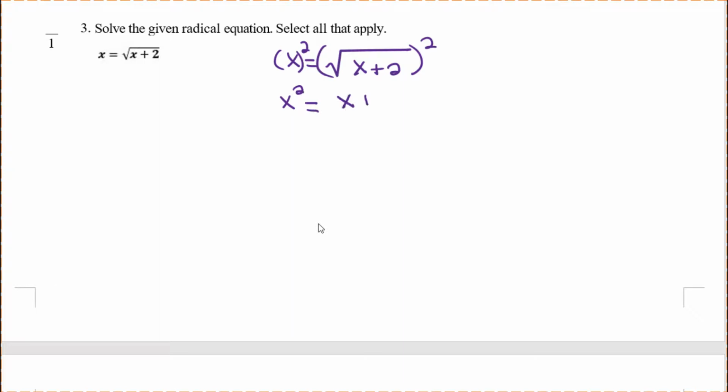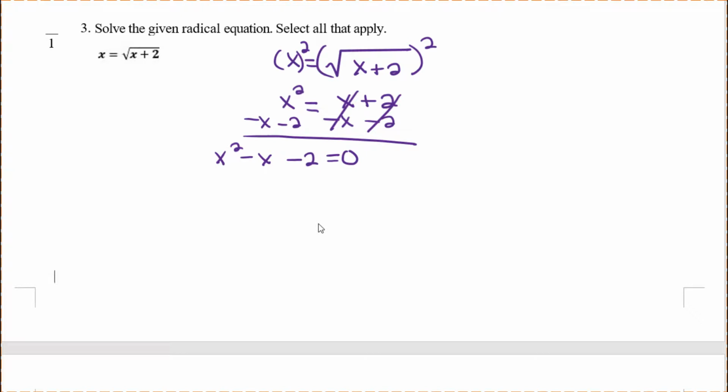And we have x plus 2 on the other side, since the square and the square root cancel. And now we have a quadratic equation because the highest power is 2. So remember, we want to set quadratics equal to 0. So I'm going to subtract the x and subtract the 2 onto the other side, because I want that one side to be 0. So I have x squared minus x minus 2 equal to 0.